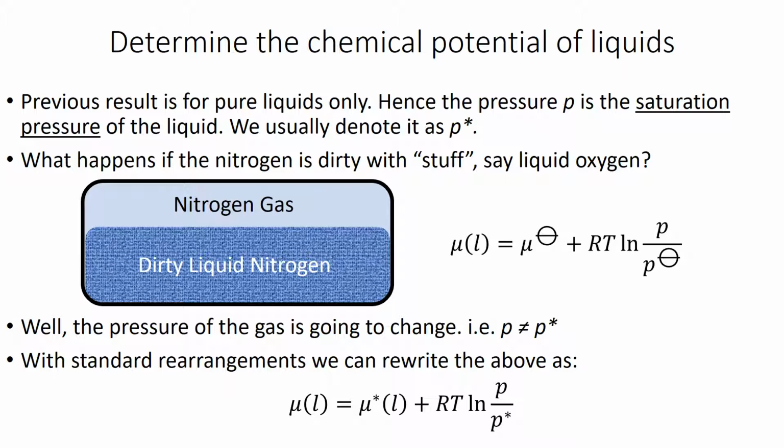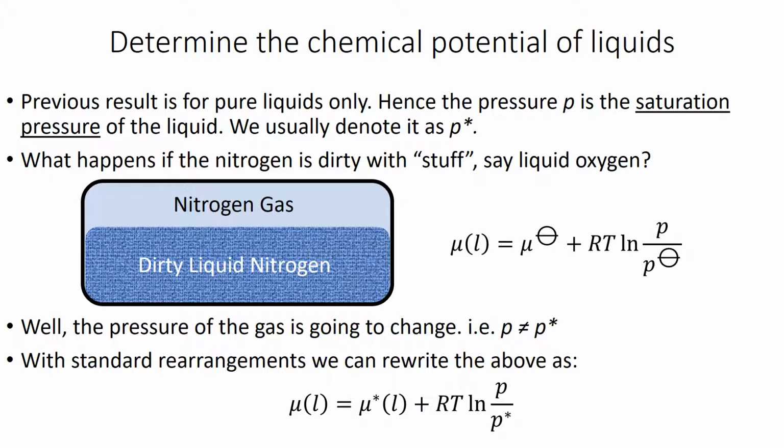Now, life, as usual, becomes quite complex. What happens if we don't have something that is pure? What if, say, our liquid nitrogen is dirty with stuff? And it can be anything. It could be dust particles, could be another material like oxygen, for example. What happens then? Well, let's go back to the chemical potential equation. Remember, the chemical potential of the liquid is equal to that of the gas.